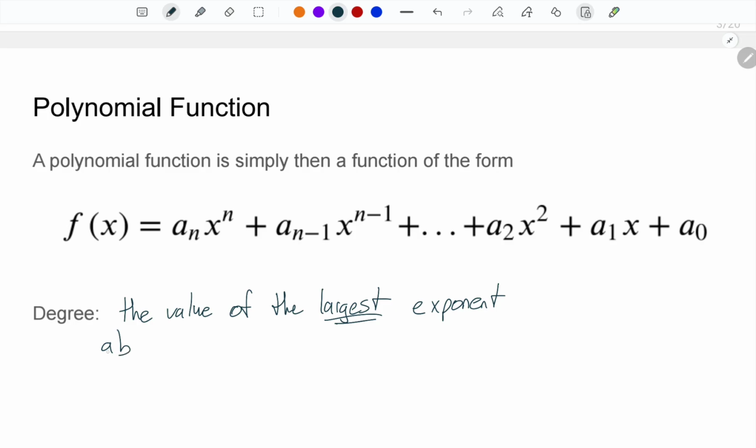So the above is degree n, because then it's going down from n. So n minus 1 is smaller, all the way to squared to whatever it might be. So just the biggest exponent for x is the degree of that particular polynomial. So you're not adding up exponents if you have it written out in this form.